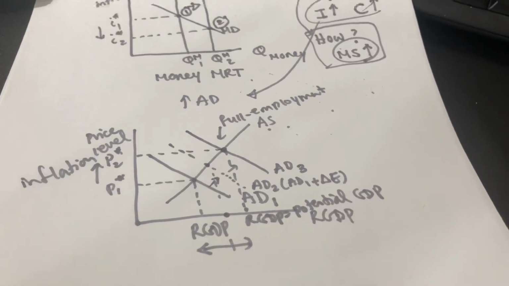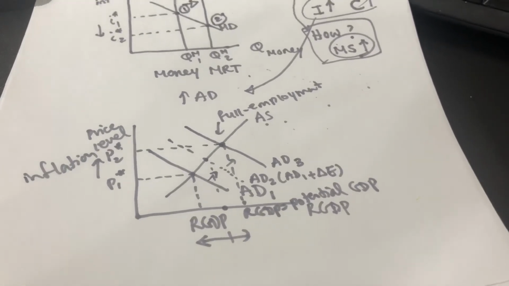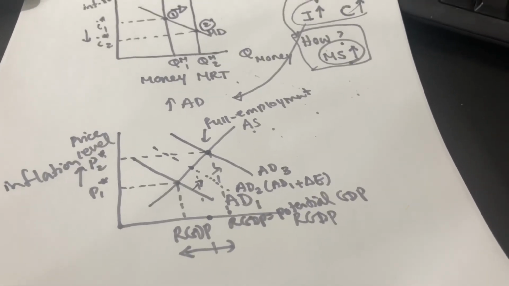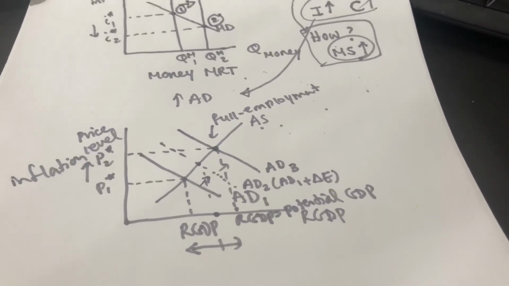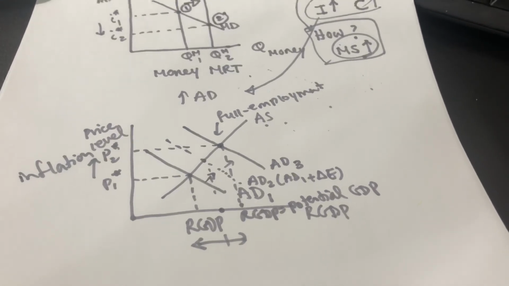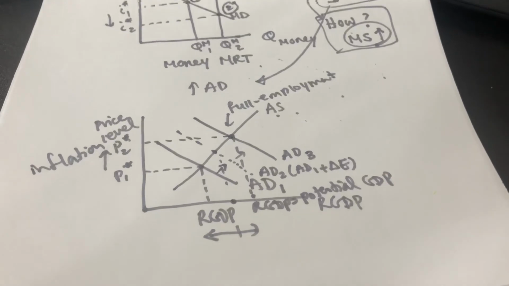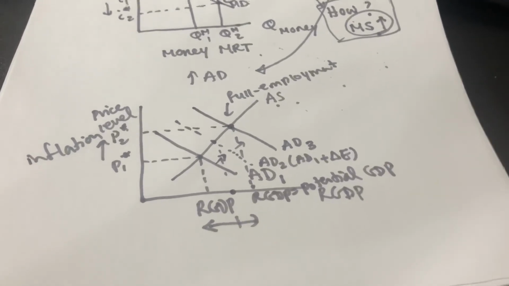But during a deep recession, or I don't want to use the term depression, but even during depression times, the Federal Reserve might not be able to control much of the inflation rate. Just keep that in mind.